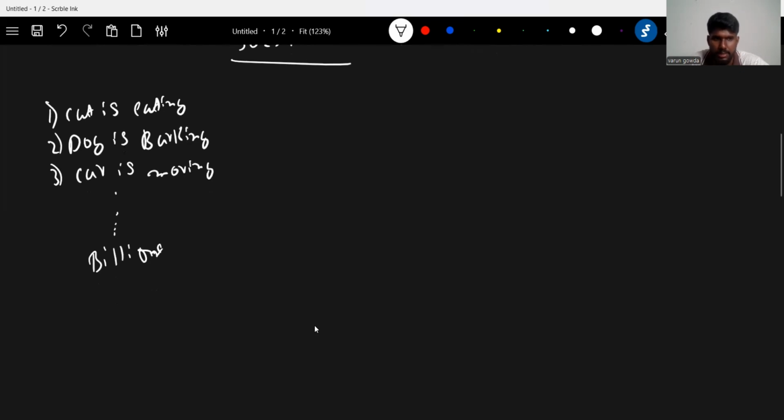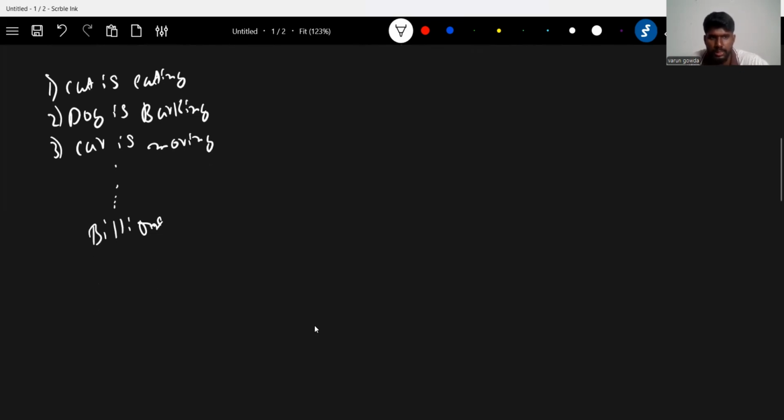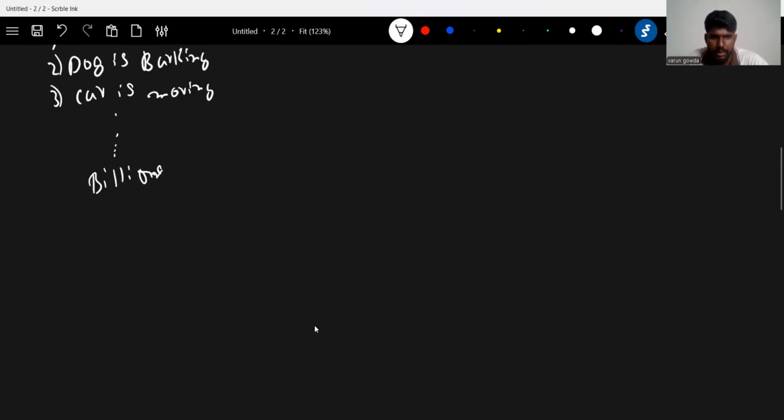Initialized randomly in the sense, let's take an example of these three tokens. Let's say cat is one token, dog is one token, and car is another token. Let's say for cat we have an embedding of 12,288 dimensions, which means that many numbers are used to represent a cat.